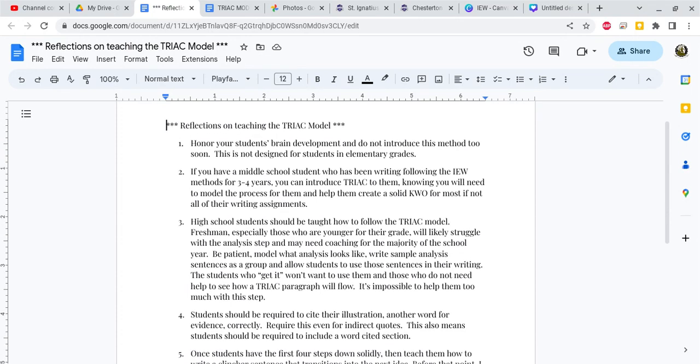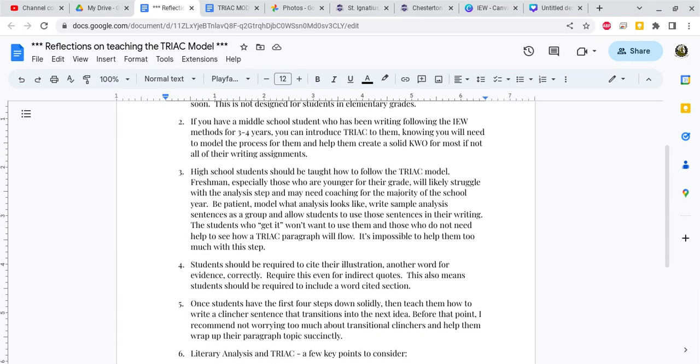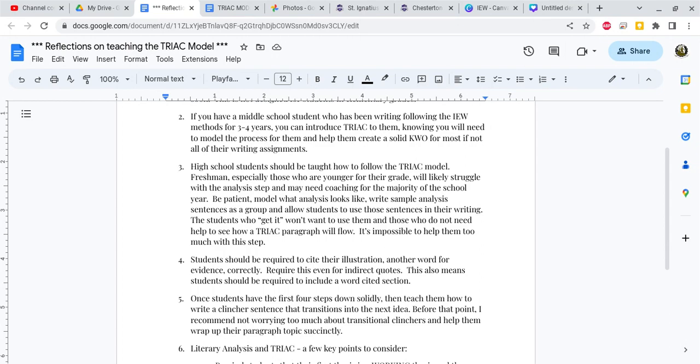Make sure that your students are ready for it, and that they understand the importance of each step. I have found that with students in 8th grade and in 9th grade, it was the analysis step that was particularly difficult for them. I would encourage you to model that step as much as possible.